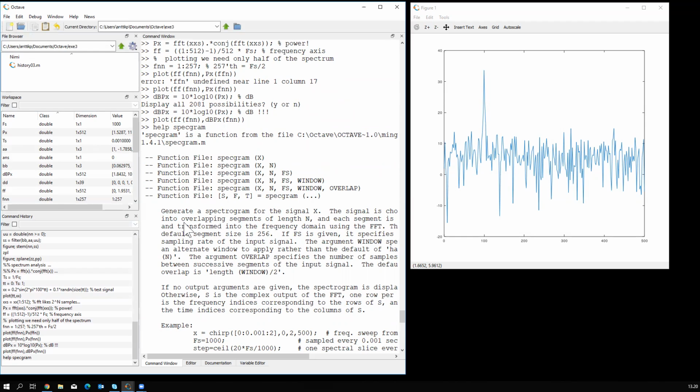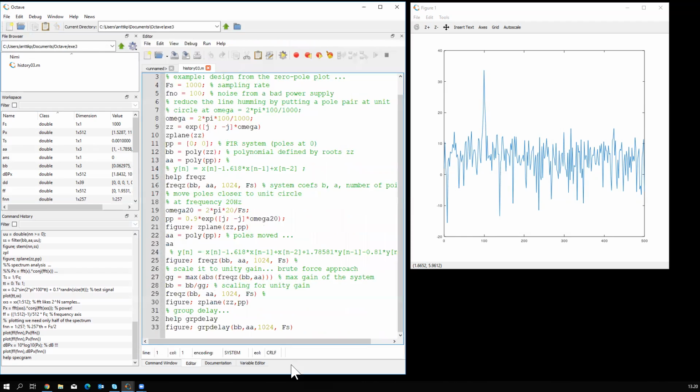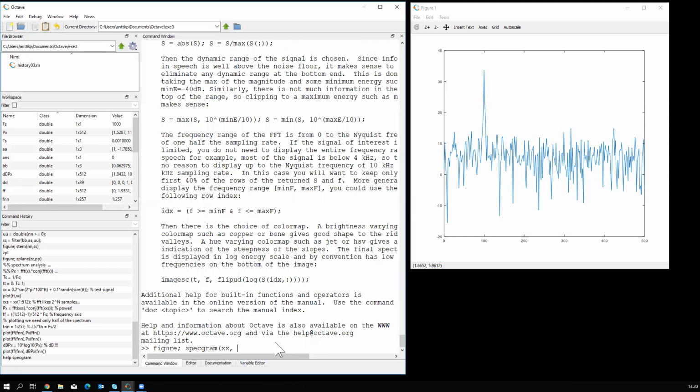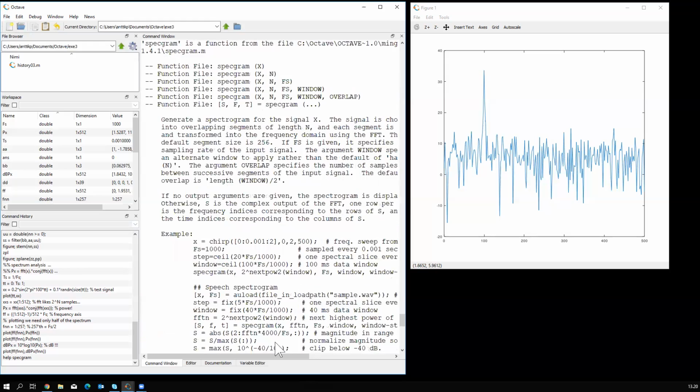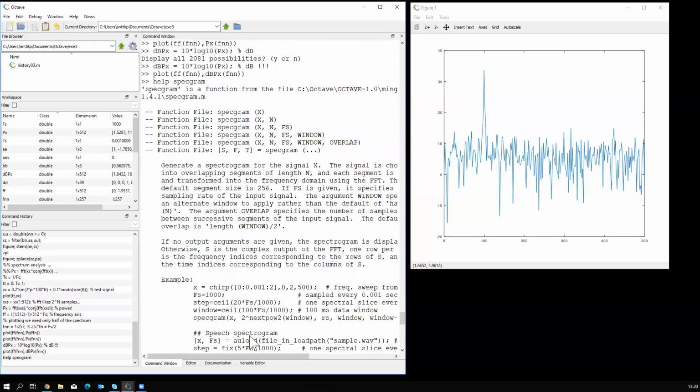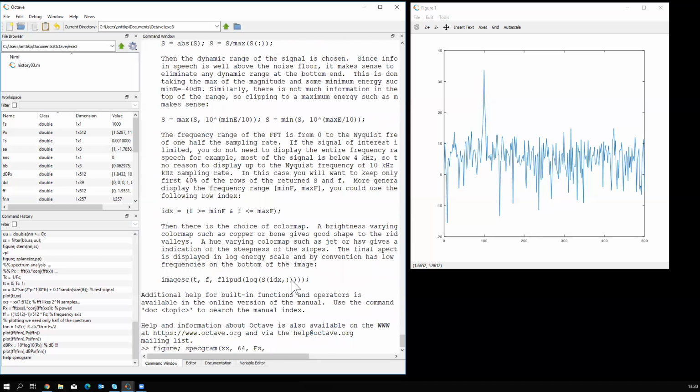Default segment: how many points in each segment of data? Something small, we had only 1000 points. Something small, a power of 2, maybe 64. Then the sampling rate. Then we can also mark the overlap. The window is the same as this number of points, meaning how wide a window we are using.